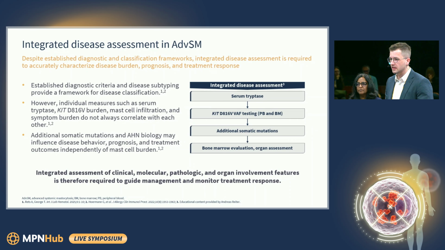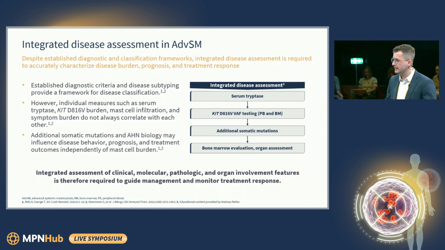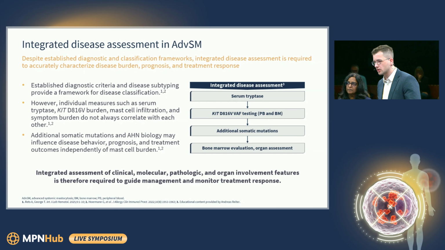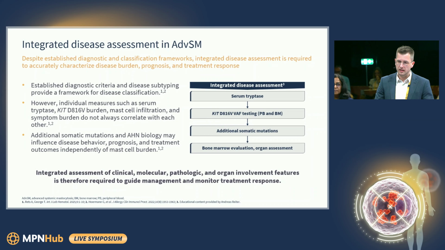So we need to assess tryptase, we need to assess KIT D816V allele burden in peripheral blood and in the bone marrow aspirate. We need to check for additional somatic mutations. We need to do this bone marrow biopsy, assess for symptoms, because they each tell us a different part of the story in the individual patient.